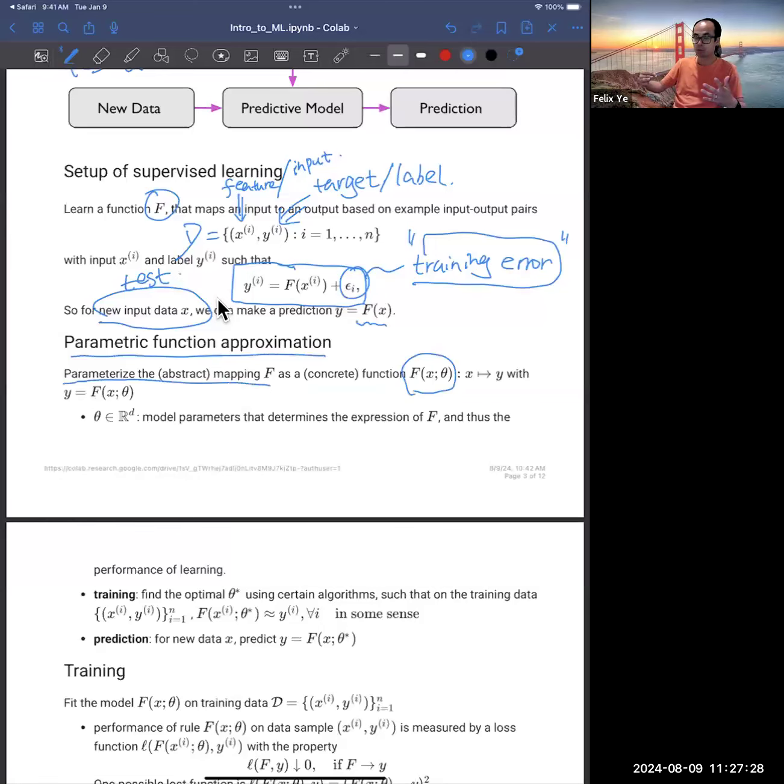Theta here is my model parameter that needs to be determined, and it affects the performance of the learning. So this is something to be learned, or to be trained.